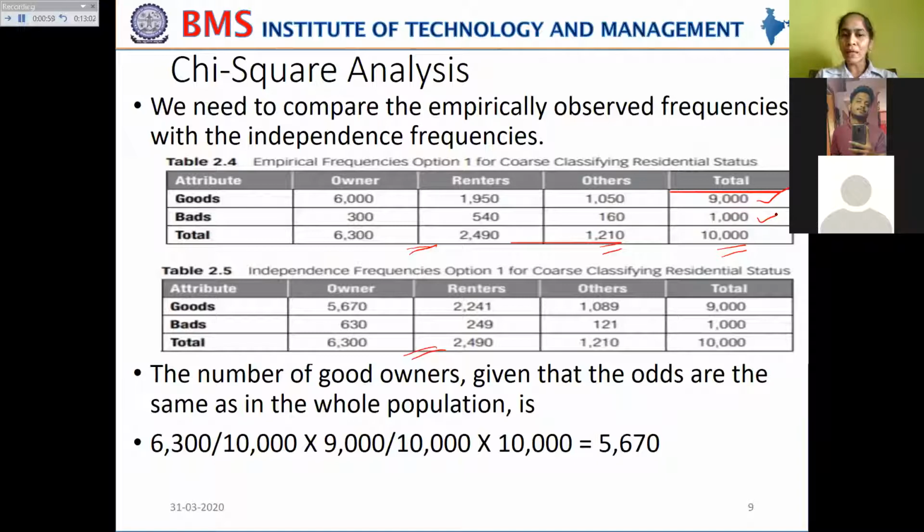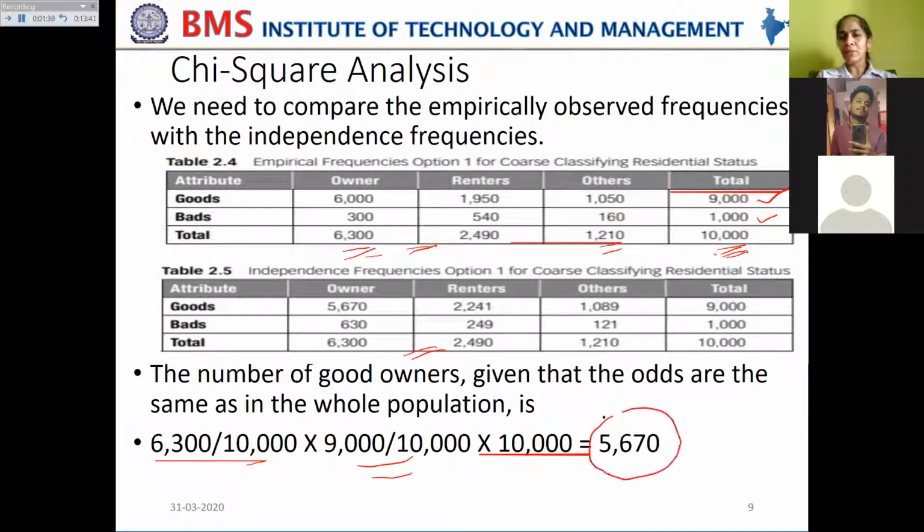Now how do we calculate these independence frequencies? Observe what we have done. We are trying to calculate the number of good owners given that the odds are the same as in the whole population. Take 6,300, the total number of owners, divided by the total number of data points, 10,000, multiplied by the number of good payers, that is 9,000 divided by 10,000, multiplied by 10,000.